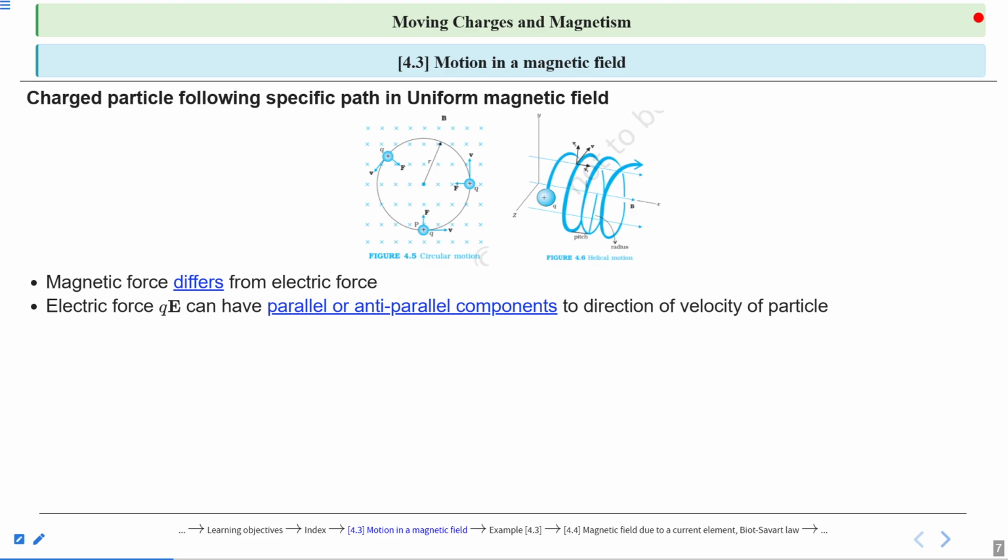So the force is acting parallel or anti-parallel. But magnetic force only has a perpendicular component to the velocity of the particle.